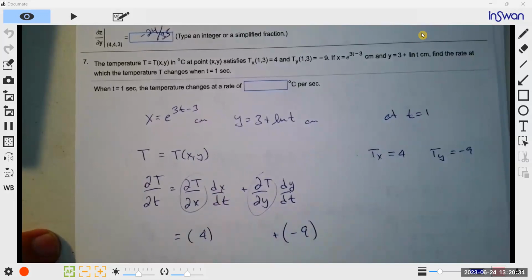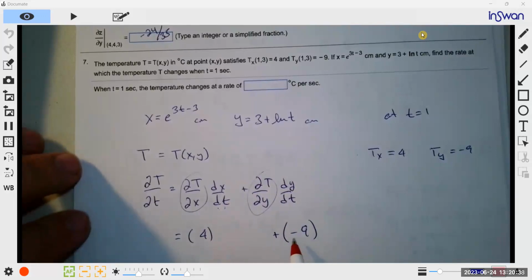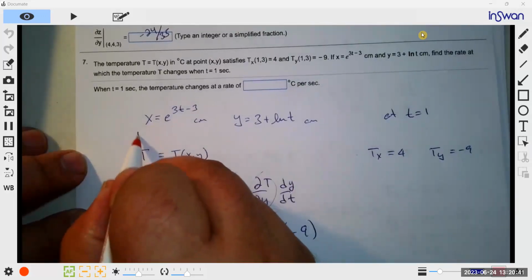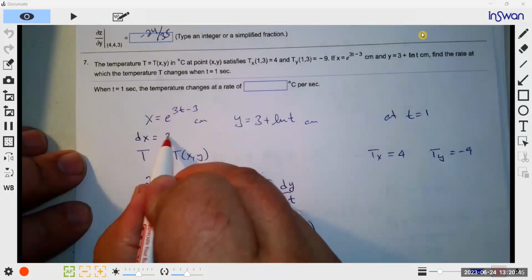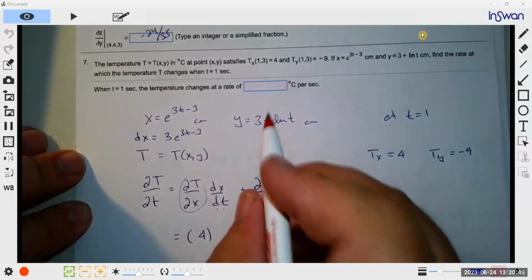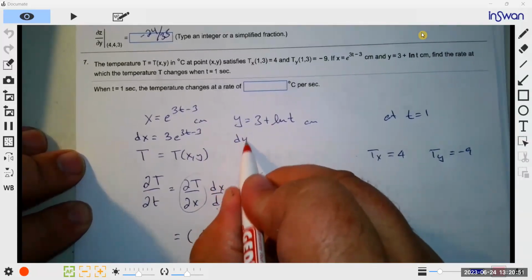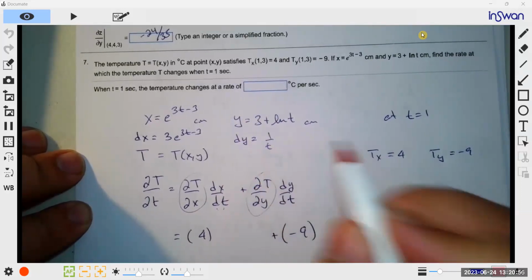All we have to do is find the derivatives of x with respect to t and y with respect to t. So dx/dt is 3e^(3t minus 3). This constant is 1 over t.